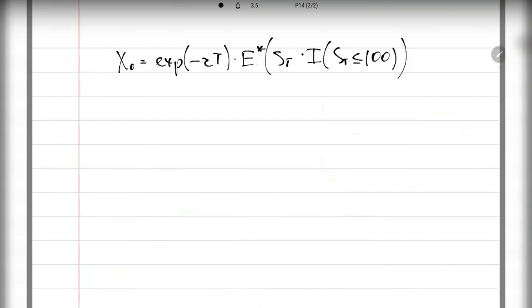So X0 is exponent minus RT times expected value star. What do you get? You get ST under the condition that ST is less than 100.